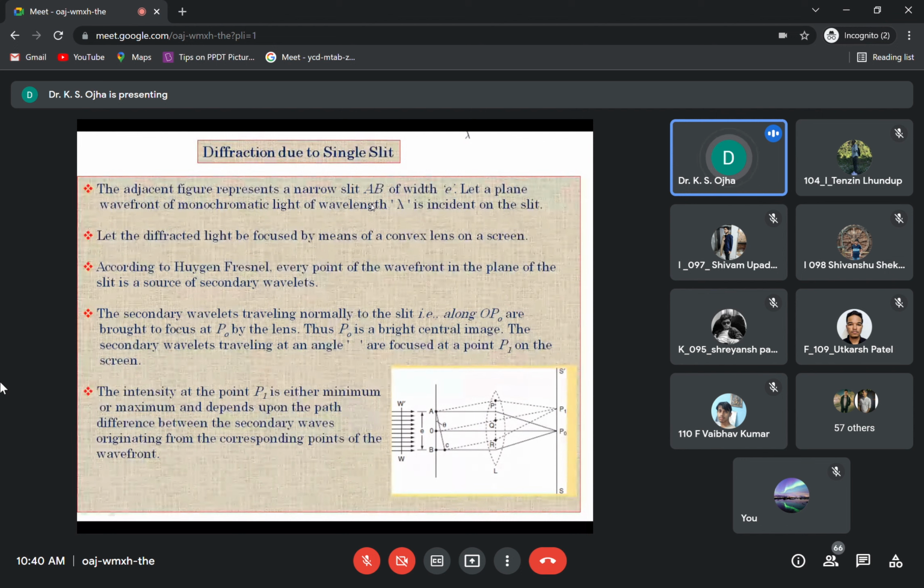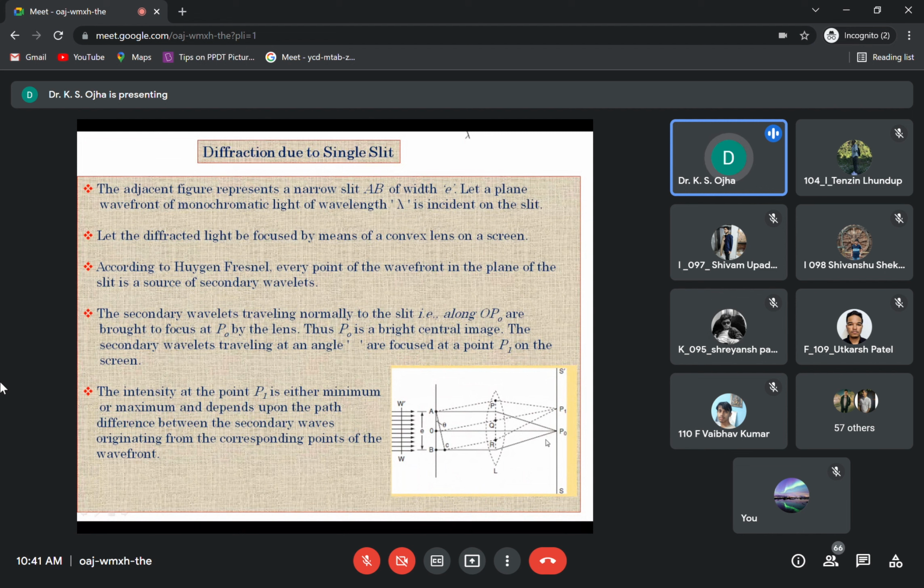This is the condition of diffraction. If the width of the slit is of the order of wavelength or less, then only we can observe the diffraction phenomena. So, narrow slit AB of width e, and lambda is the wavelength of the monochromatic light.